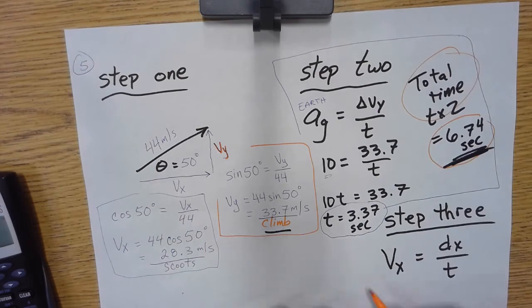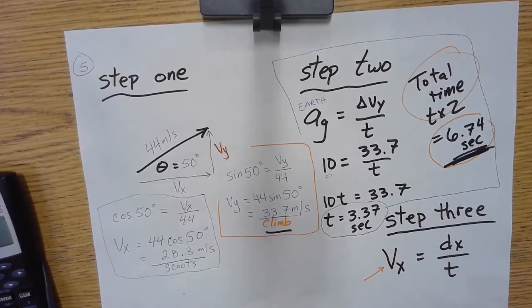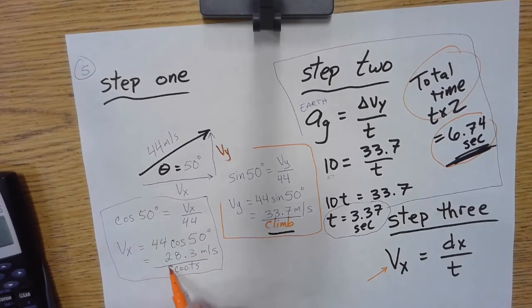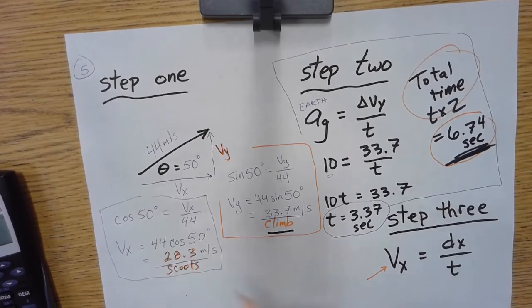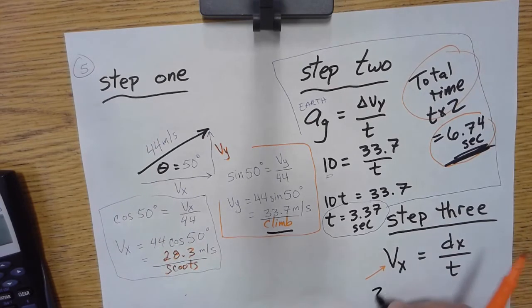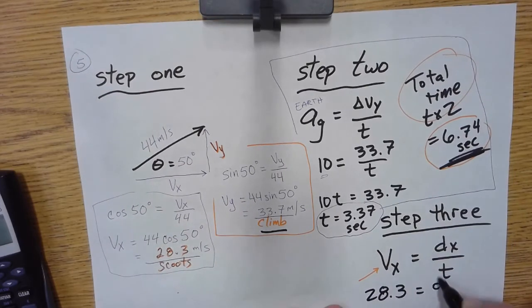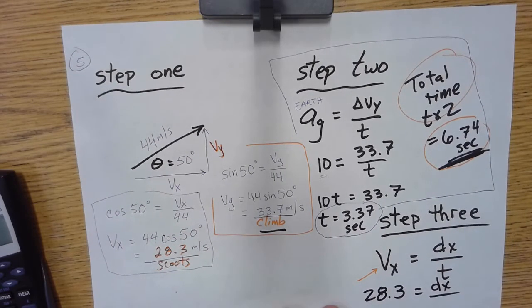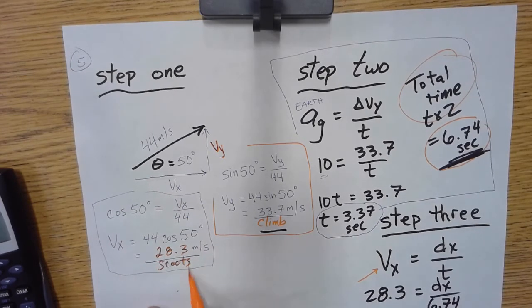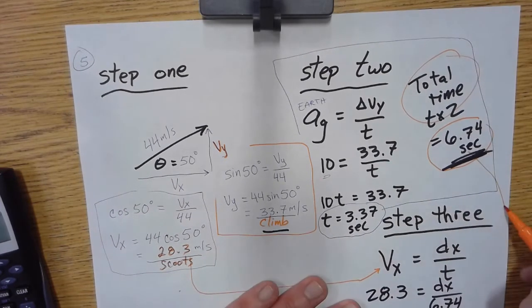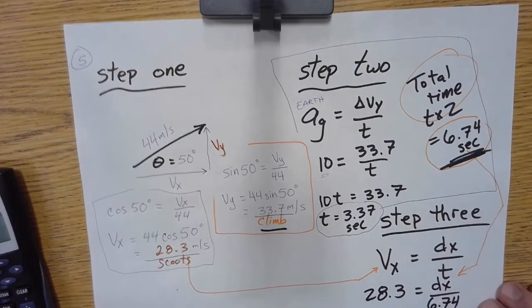So yeah, when we get to step 3, I knew the scooting speed. That is this. Dx is what we're solving for, and the t there.